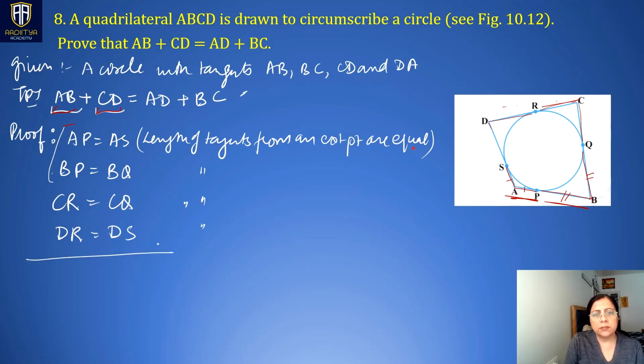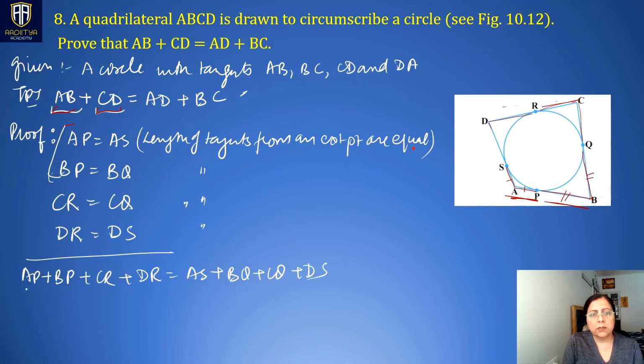So keeping them on the same sides, I am adding all the left hand sides: AP plus BP plus CR plus DR. This is equal to AS plus BQ plus CQ plus DS. So now add these parts.